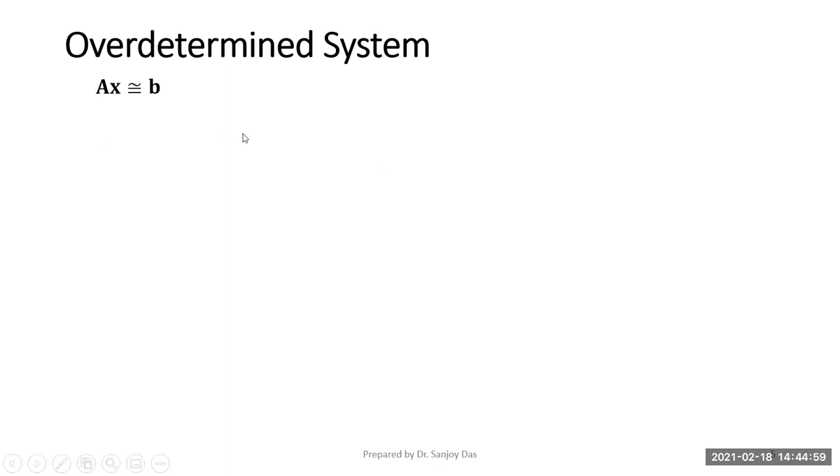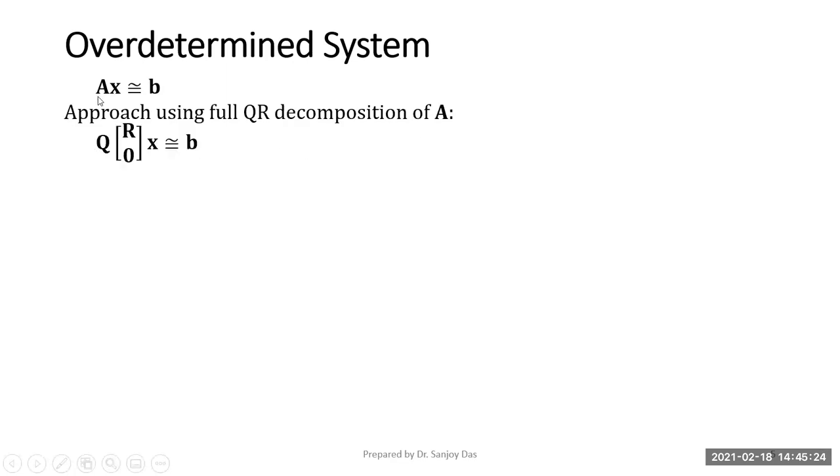So now let's see how we solve the same system of equations using QR decomposition. So we have AX is approximately equal to B. We want to satisfy these, but we won't be able to satisfy it completely because we have more equations than variables. So what we do is we use the full QR decomposition. So Q R0 x is approximately equal to B is what we want to solve.